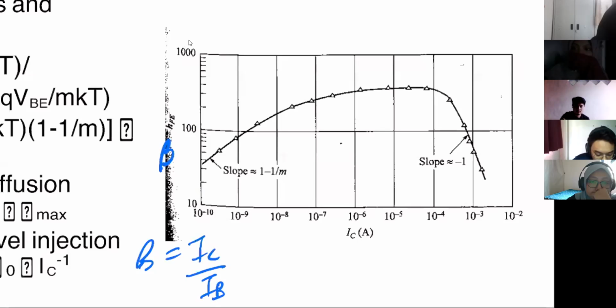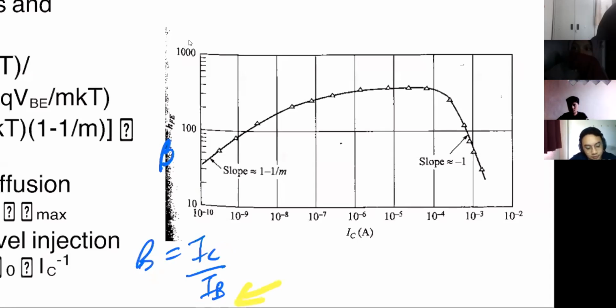If everything doesn't change, theoretically, ideally, the way we understand how a BJT works, if we increase IC, beta should increase. Ideally IB shouldn't change. So that is the ideal case.